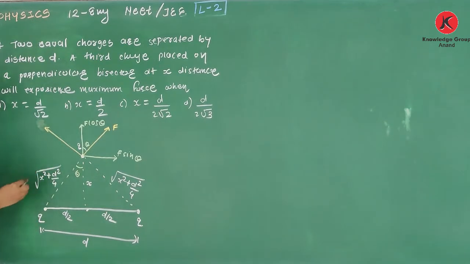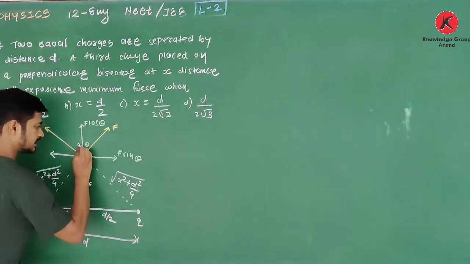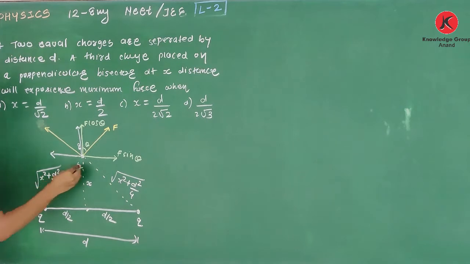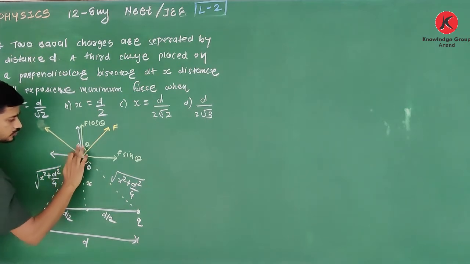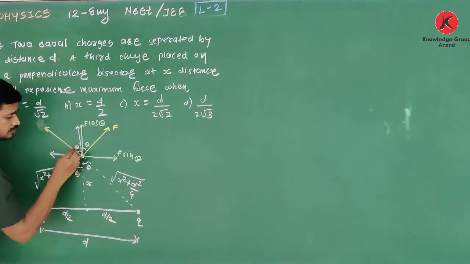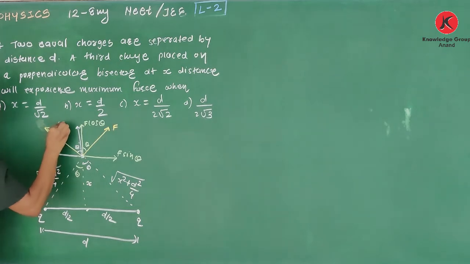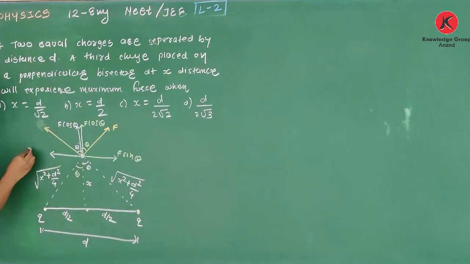If we resolve this vector into components, the first is in this direction and the second in this direction. Again, this angle is theta, so obviously this angle will become theta. So it is F cos theta, and it will become F sin theta.